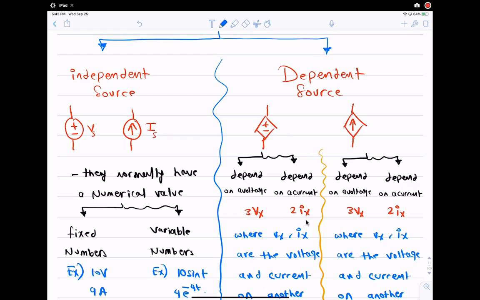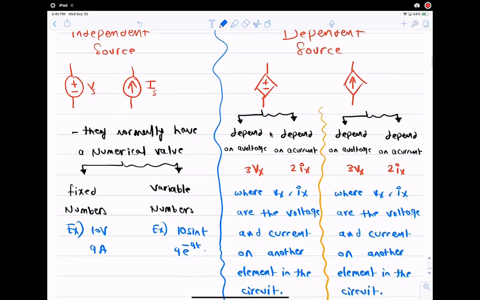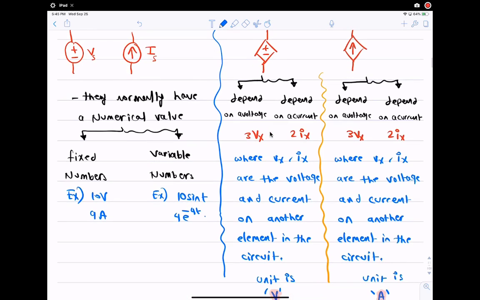In both cases, since the drawing has a polarity, that means it doesn't matter. This dependent source might depend on a voltage, and the unit of it is volt. And it can depend on a current, but still the unit is volt.